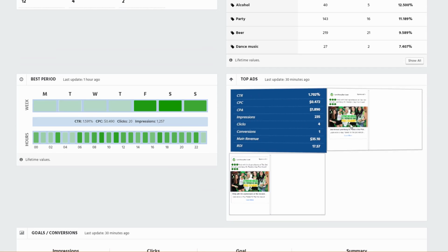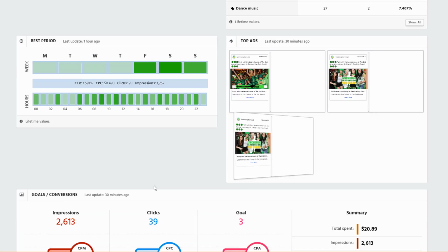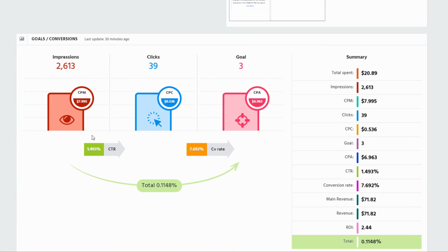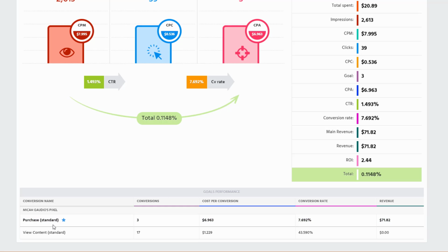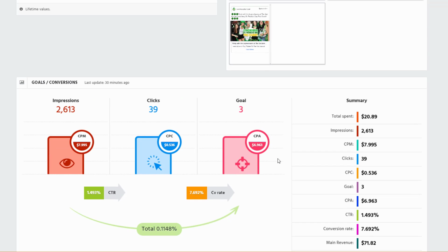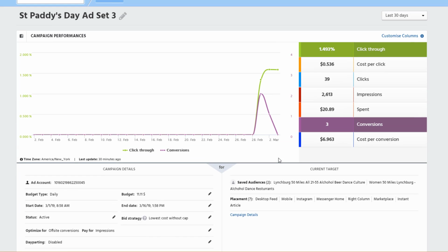The top ads, I'm sure we're going to go down to the images here, these 50 variations, but looking at the impressions here, this is a normal campaign. I'd say this is a great conversion rate, click-through rate's good. And then down here, purchase standard. So we know that we made $71 off of, what did we spend so far?